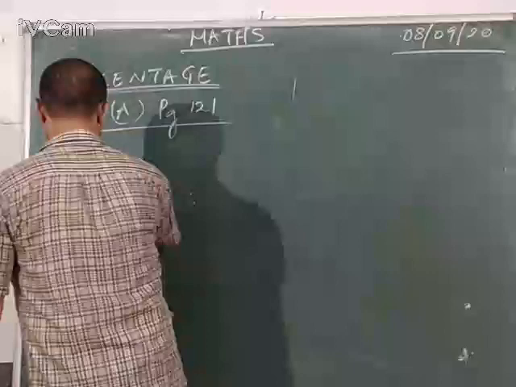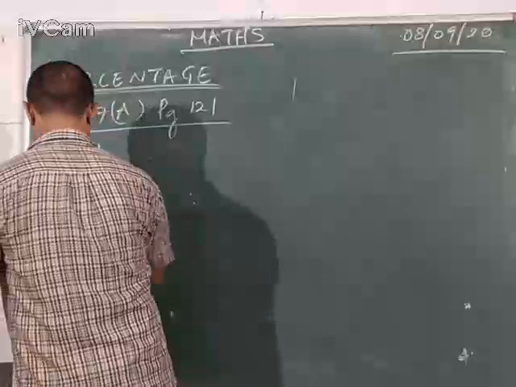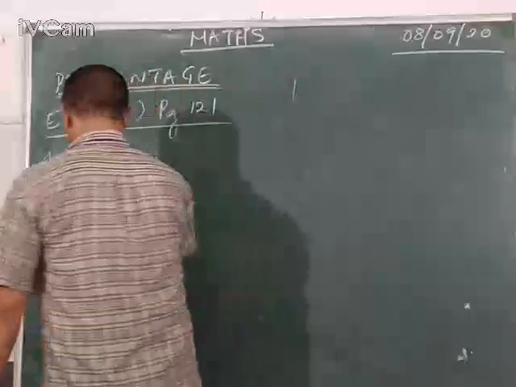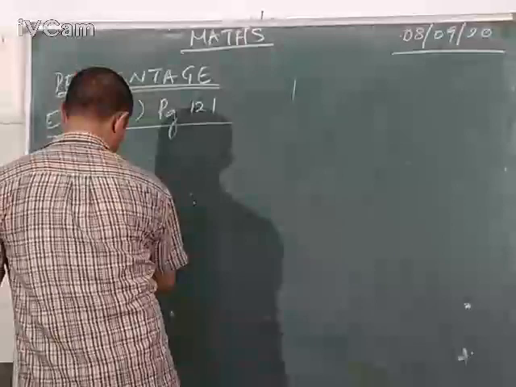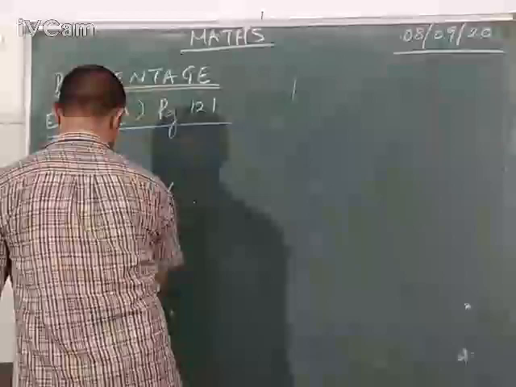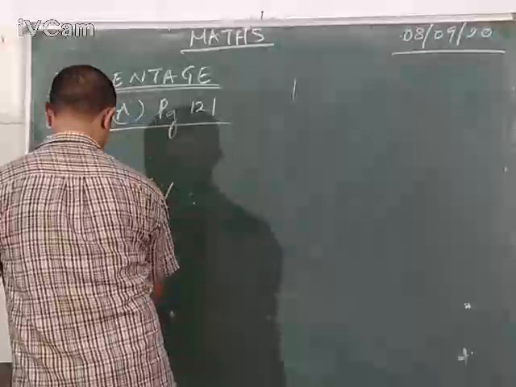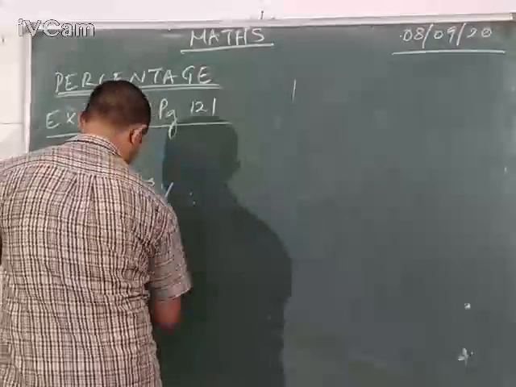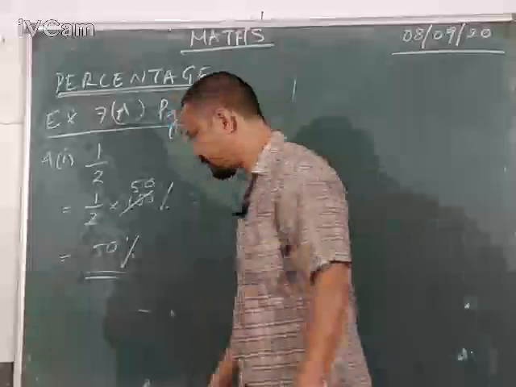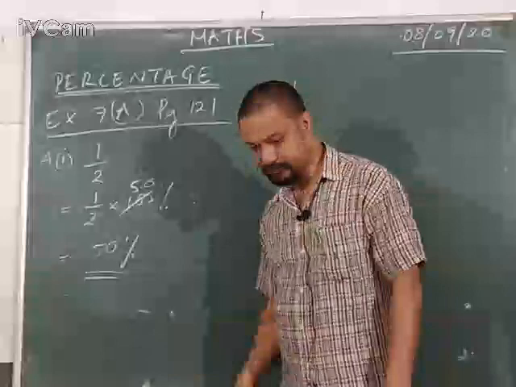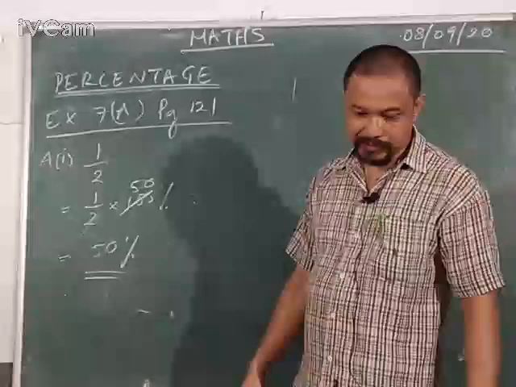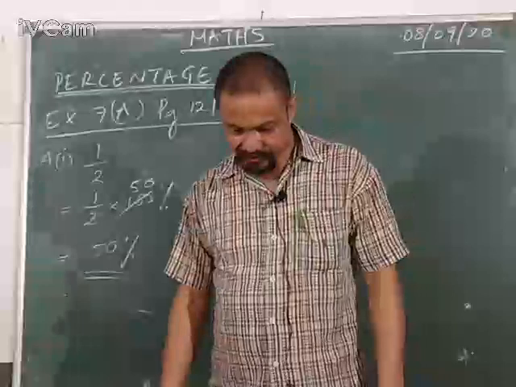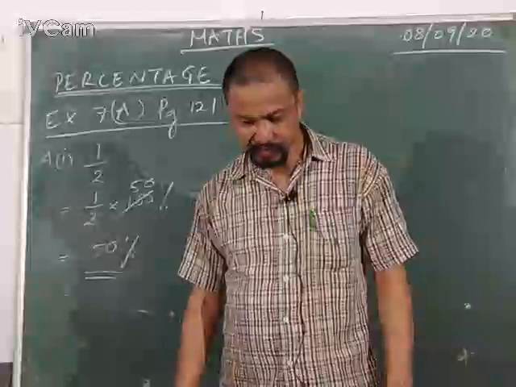So this is half. Okay, you have to express this as a percent. So this becomes 1 upon 2 into 100%. So logically all of us know that half is 50%, right? So this is how we prove it, that is 50%. Subsequently, the homework given is, I think, 3 and 4. You'll have to do that for homework.